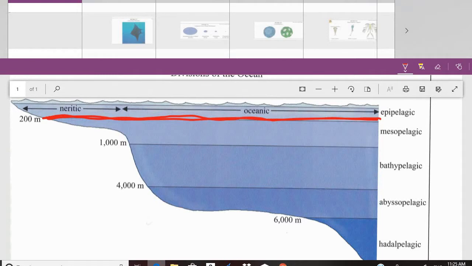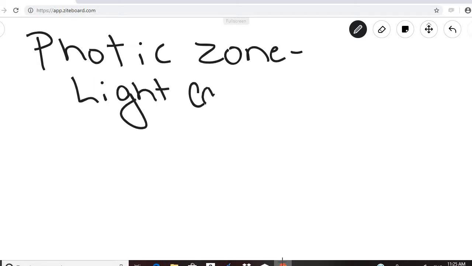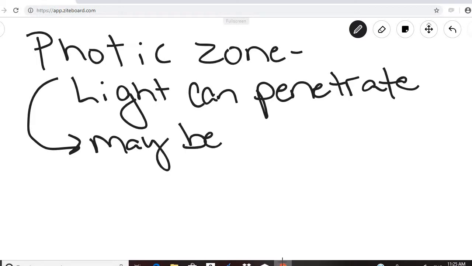Now, you could also refer to this as the photic zone. However, remember, the photic zone is where light can penetrate. The photic zone may be the exact same area as the epipelagic zone.